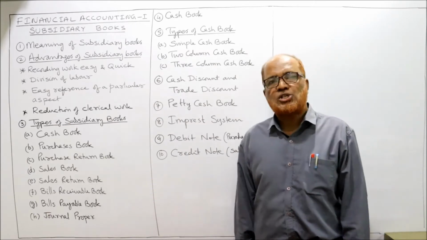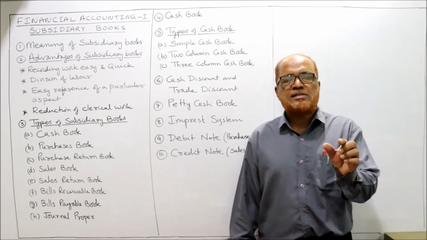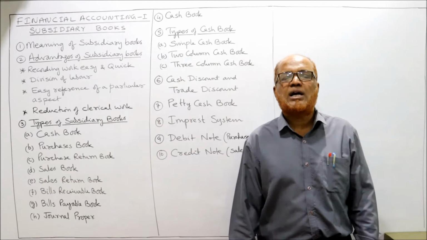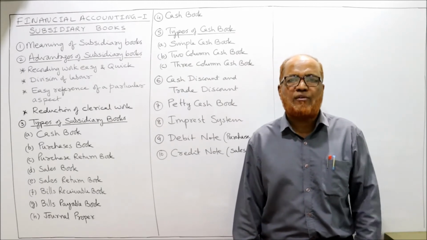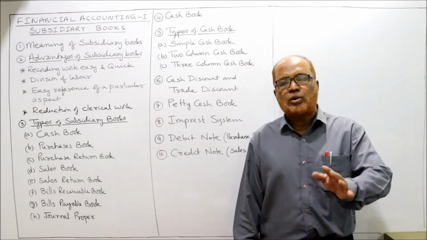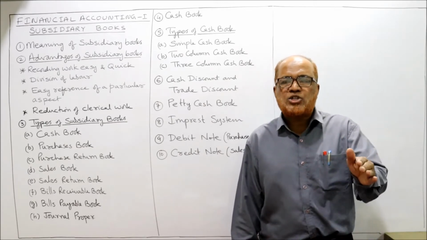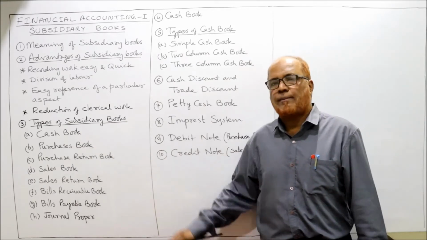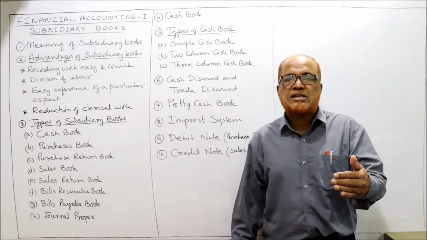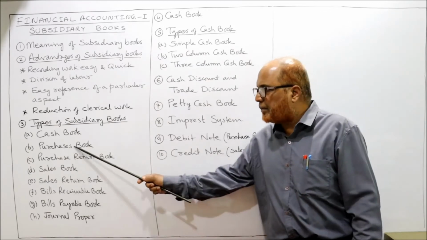Secondly, purchases book. Purchase book is a subsidiary book which records all credit purchase of goods. Actually, 2 types of purchases are there: cash purchase and credit purchase. Cash purchases will be recorded in the cash book, whereas credit purchases will be recorded in purchase book.